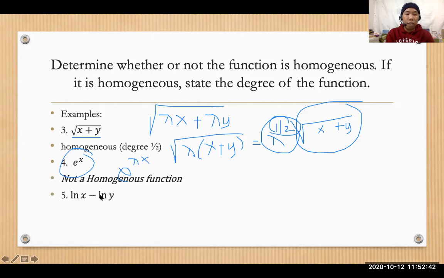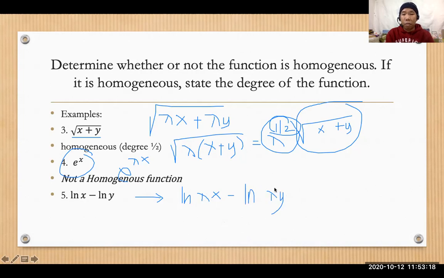Now for number 5, ln of x minus ln of y. Is this a homogeneous function? Let me show you. You apply lambda, so replace x by lambda x and replace y by lambda y. If you look at this form of the logarithmic function, you can't eliminate lambda.